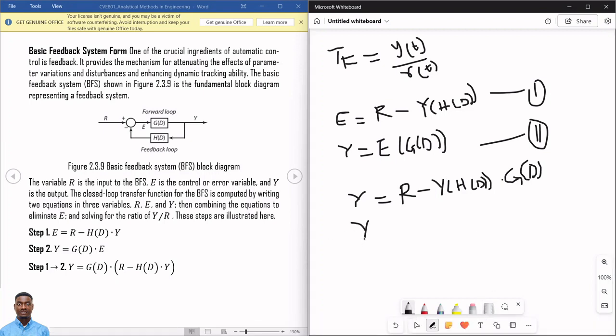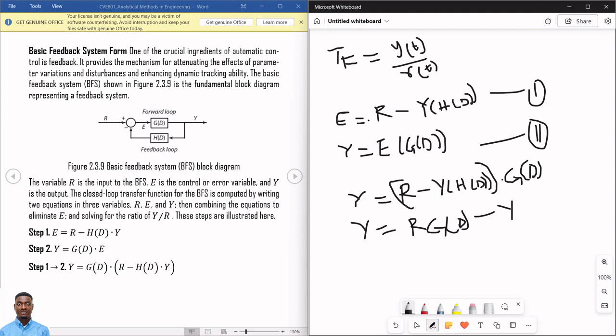So we'll be having here Y equals, this G D will multiply the whole variables here. So that will be R G D minus Y, because this G D is multiplying everything here, because we are replacing E here with all of these values.